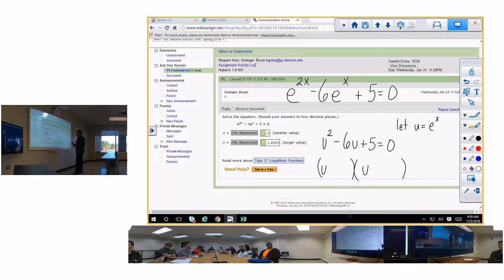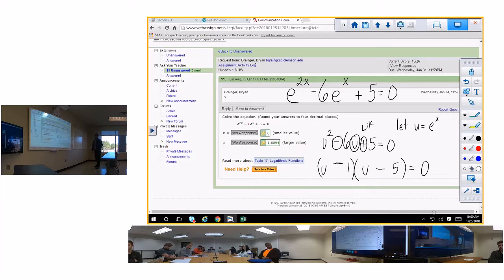Well, there's 2 and 3, but no, it's not. It'll be a 1 and a 5 with a negative and a negative. The sign of this means that the 5 is going to be negative, and this sign means like signs, so that means negative.